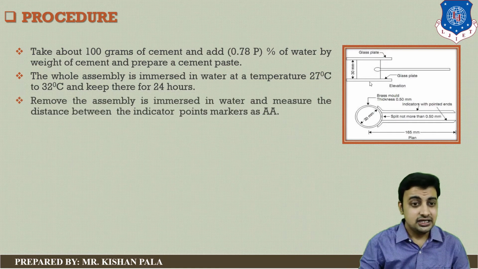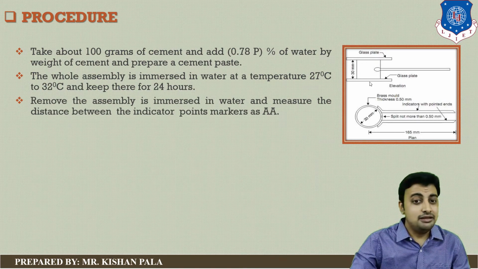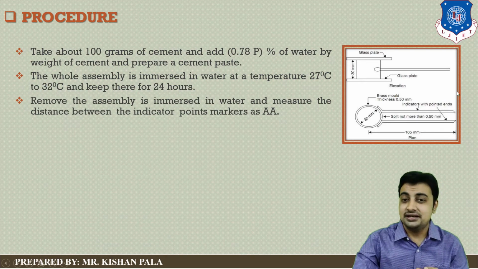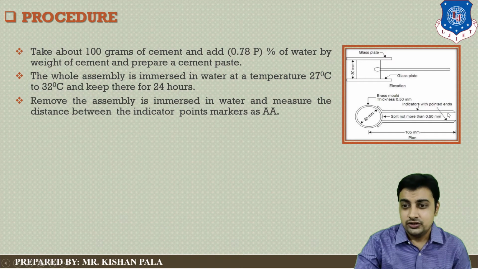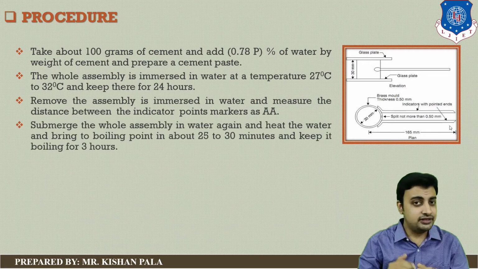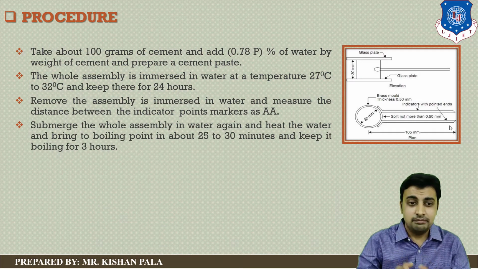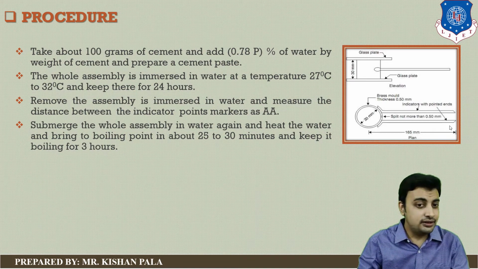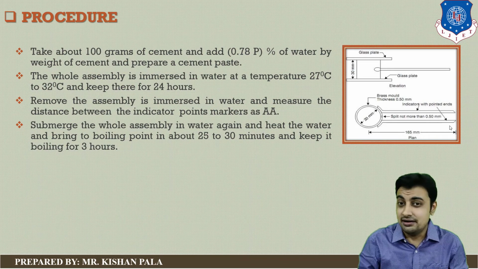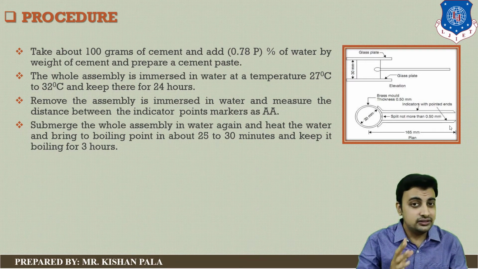Next, remove the assembly and immerse it in water to measure the distance between the indicators. Here you can see on your screen this is the indicator. First of all, you have to measure this indicator distance, for example designated as A. After this procedure, we submerge the assembly into water again, heat the water and bring it to the boiling point in about 25 to 30 minutes, and keep it boiling for 3 hours.